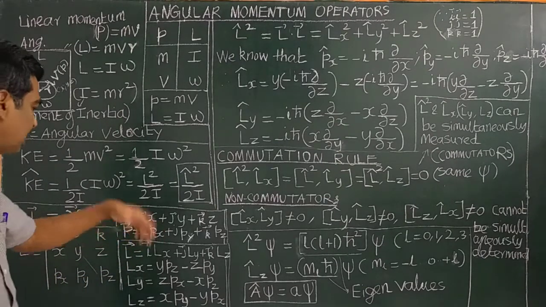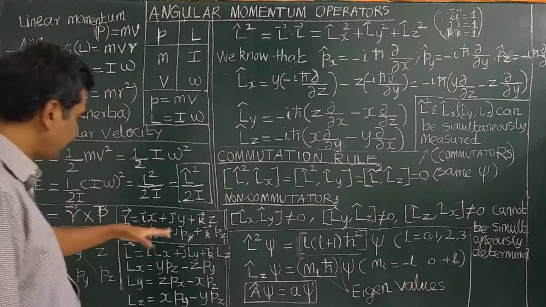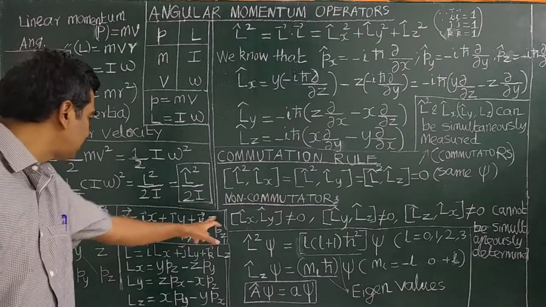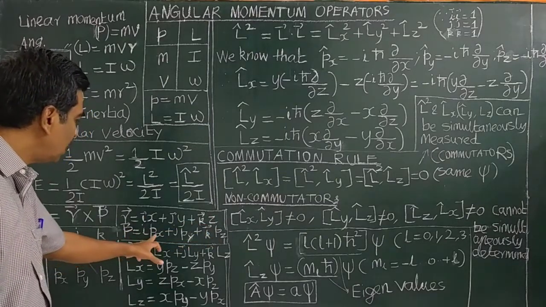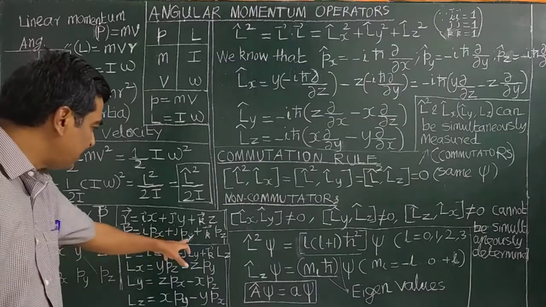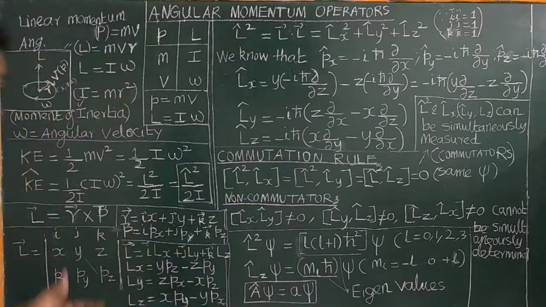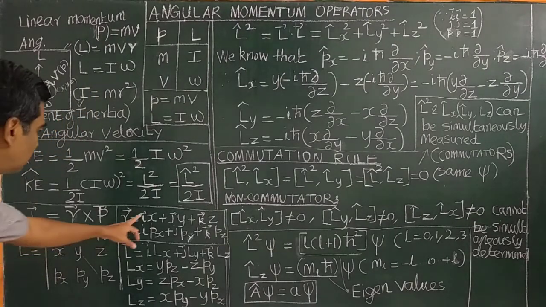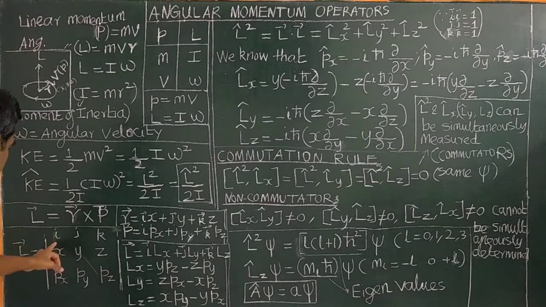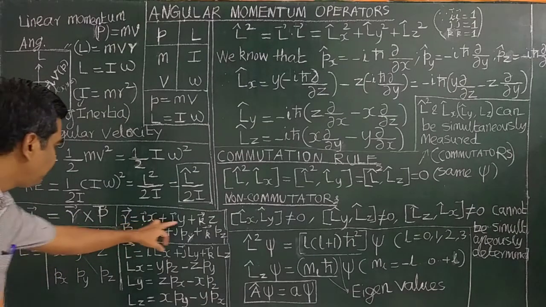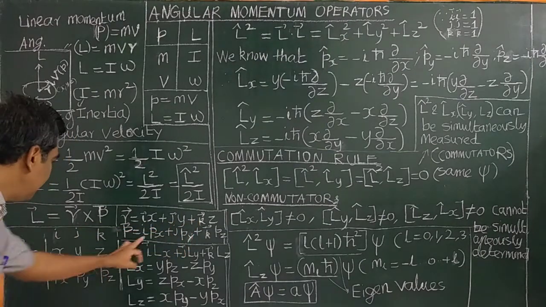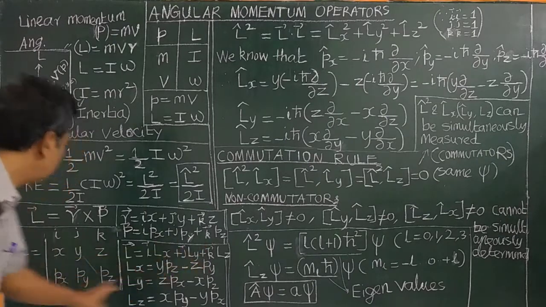The radius vector r is defined as i x plus j y plus k z, and p vector equals i px plus j py plus k pz, where px, py, pz are the linear momentum components along the x-axis, y-axis and z-axis. Now the L vector can be written as the determinant with rows i j k, x y z, and px py pz.